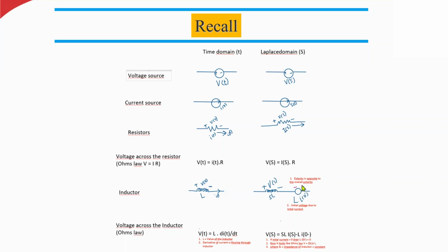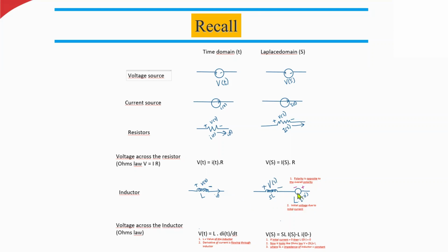So you start from here, plus minus or minus plus. Always the polarity of the initial energy of the inductor is the opposite of the actual inductor polarity, or the source voltage polarity. So the polarity is opposite to the overall source polarity.